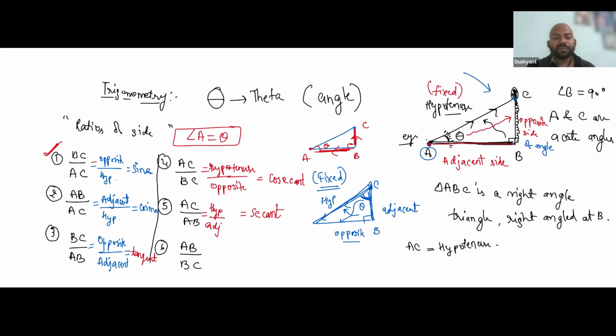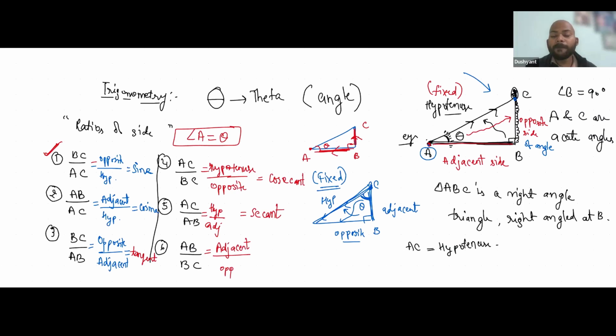Right. Last. AB and AC. So AB is going to be my adjacent. And the opposite, correct?